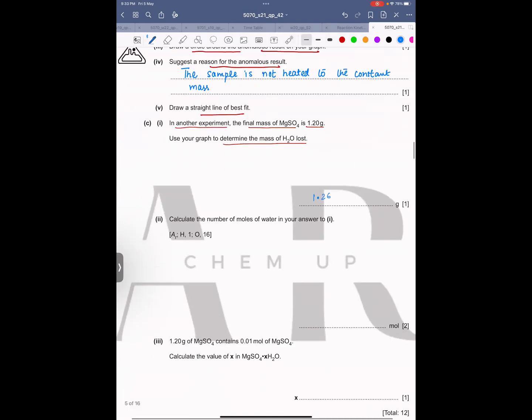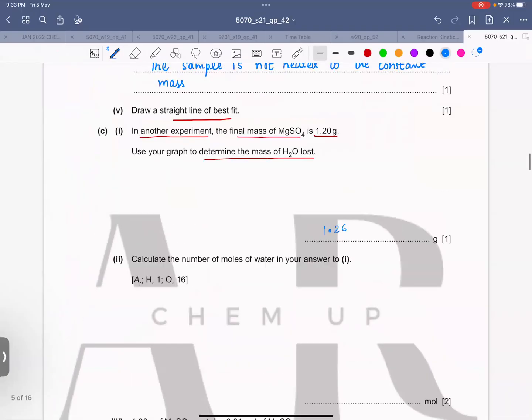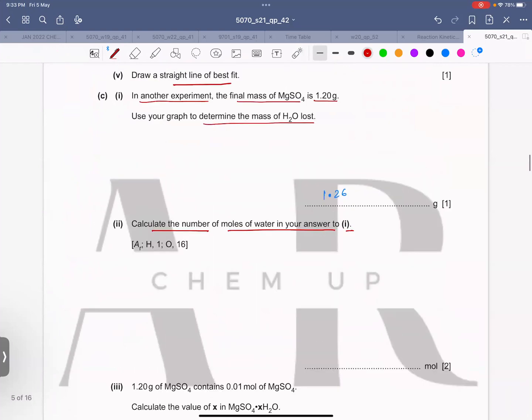Is this clear to everyone? Yes. Yes, sir. Now, next part. Calculate the number of moles of water in your answer to 1. Okay.